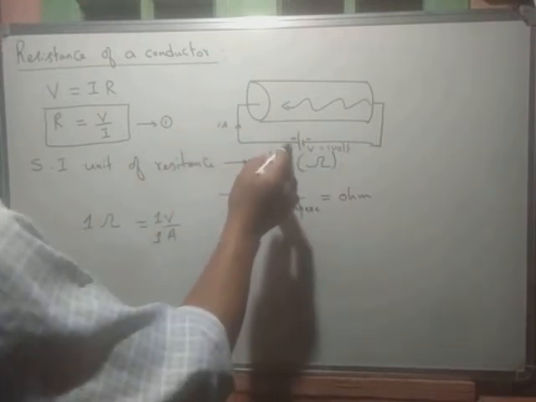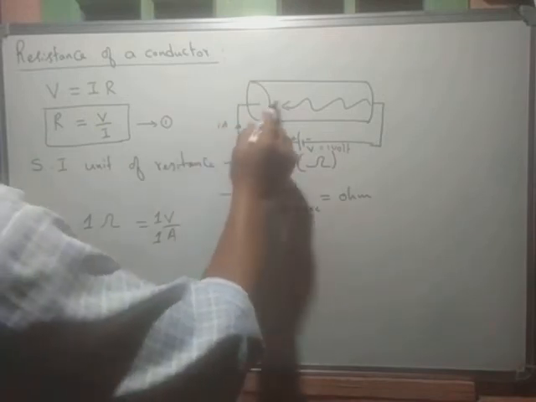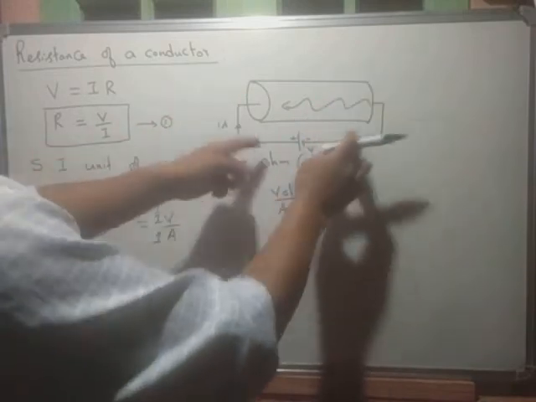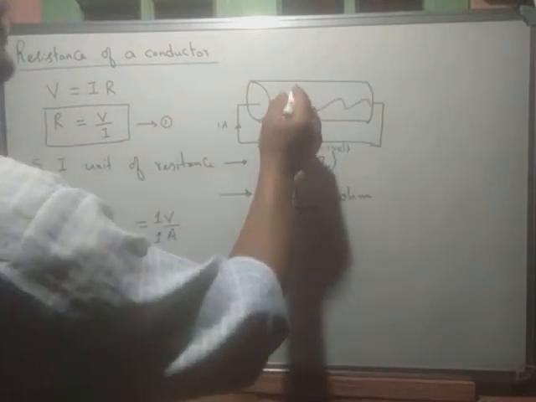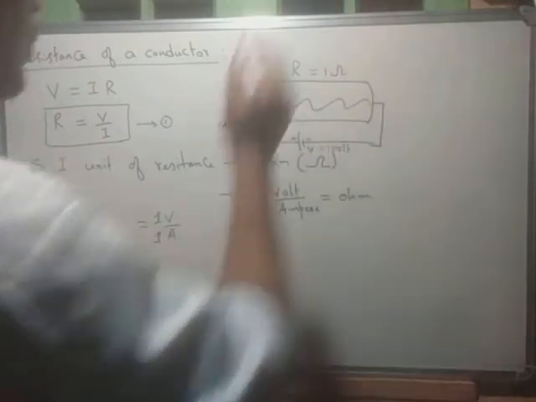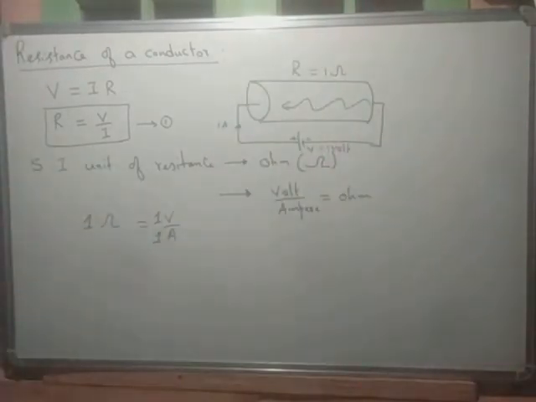So when a current of 1 ampere is flowing through the conductor, when the potential difference between the ends of the conductor is 1 volt, then the resistance of this conductor is said to be 1 ohm. Alright, so this is about the SI unit of resistance.